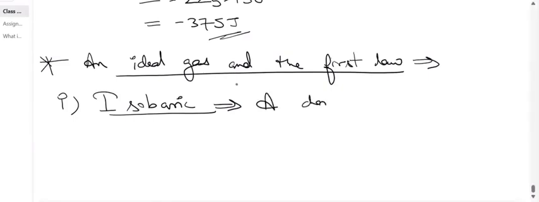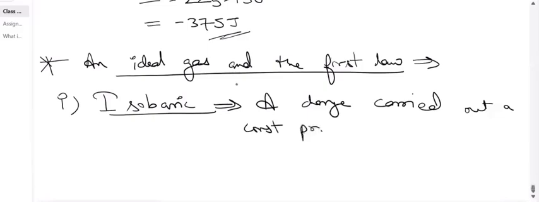We have studied this in the last chapter. A change which has been carried out at constant pressure. Any doubts? That is isobaric.